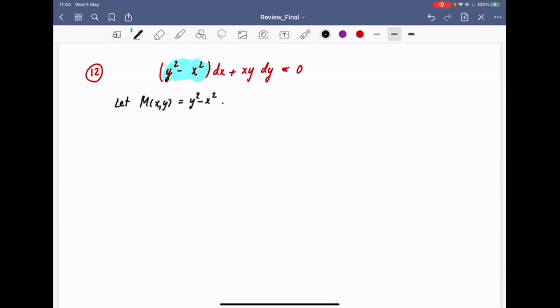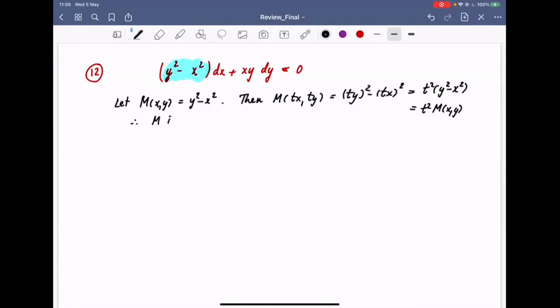You can see that M is homogeneous of degree 2, because if you replace x and y with tx and ty, you get t squared y squared minus t squared x squared, which is t squared times M(x,y). So M is homogeneous of degree 2. And your N here is going to be xy.